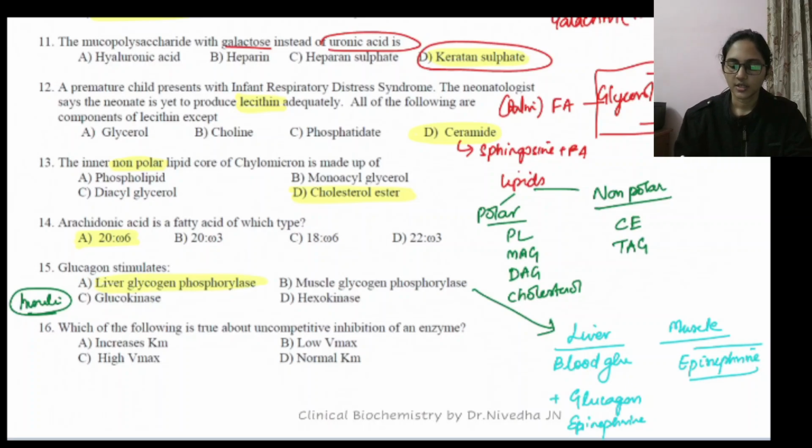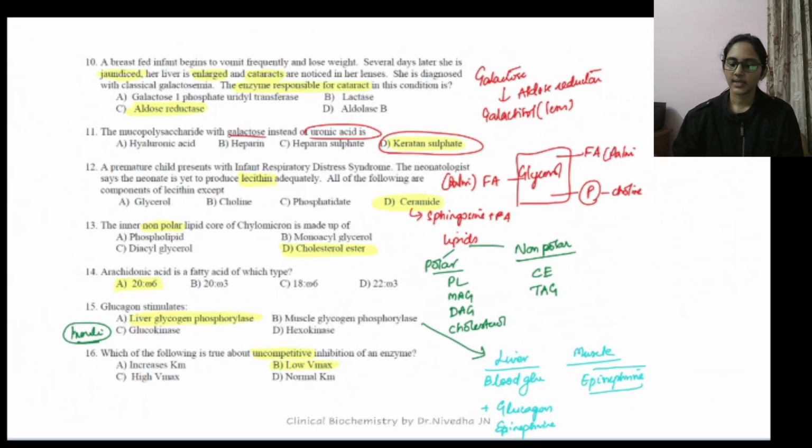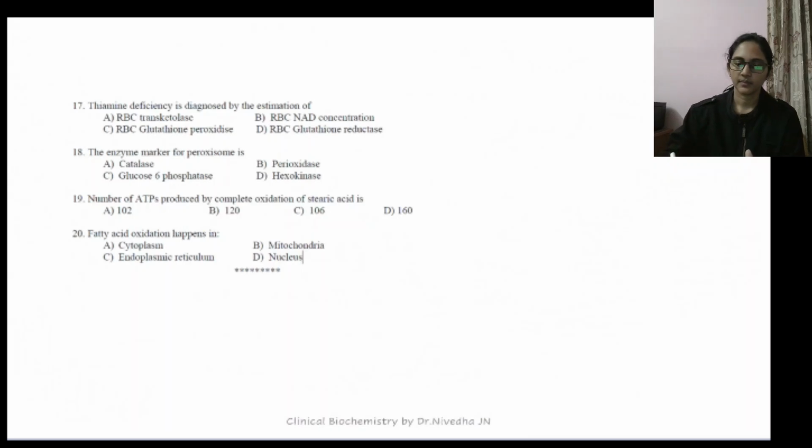So the next is, which of the following is true about uncompetitive inhibition? The answer is going to be low Vmax. So quickly tell me what happens in all three. Competitive, because no question paper will be there without this enzyme inhibition.